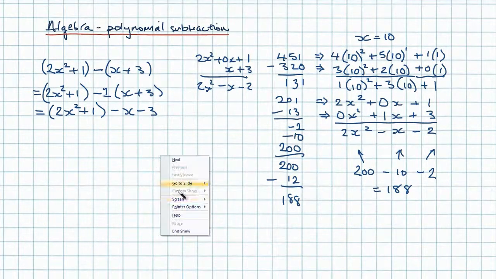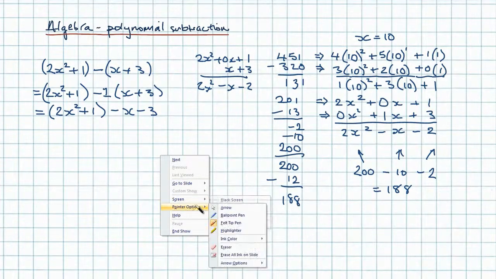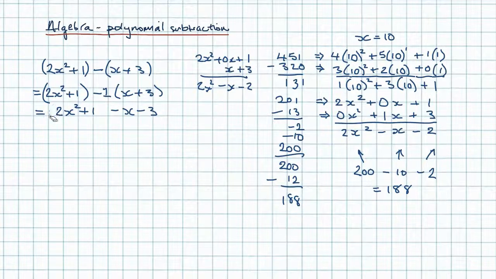We can now drop these brackets, so I'll just erase them, and we just proceed as normal with ordinary addition. Okay, so in other words, what we're doing is gathering like terms. So we say, well, how many x squareds have we got? Just that 1 there. So 2x squared.